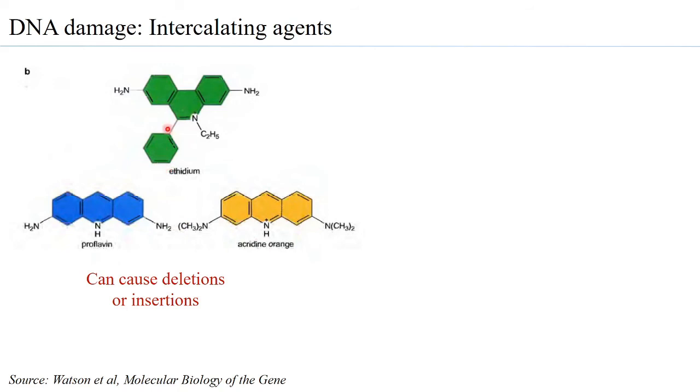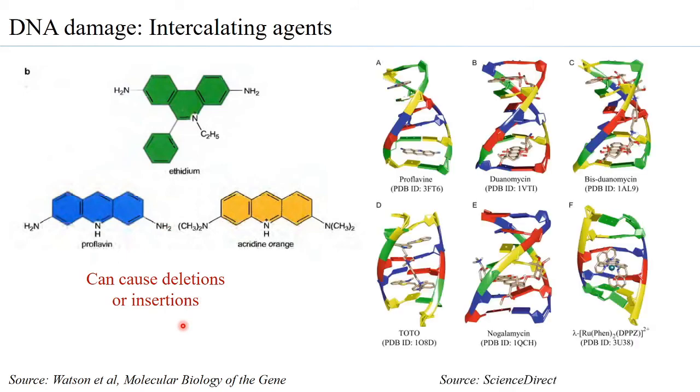Now, what is the end result of these intercalating agents interacting with DNA? What is observed is that they can cause deletions or insertions, and as one knows, deletions and insertions are mutations eventually.